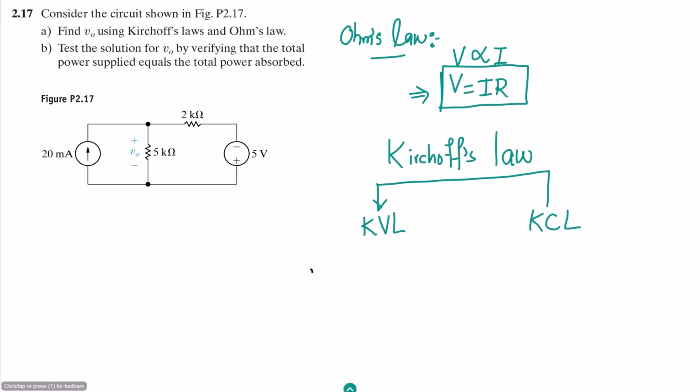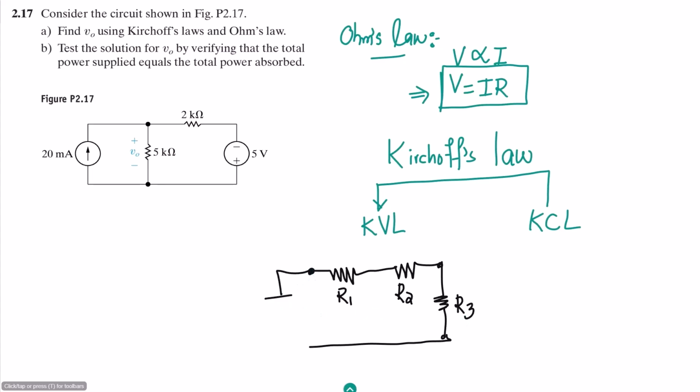Suppose we have this branch, this is a resistor, this is another resistor, and here we have this resistor. Let me call them R1, R2, and R3. If we apply the voltage source here, this is Vs, this is plus, this is minus, so we will have VR1, VR2, and VR3.